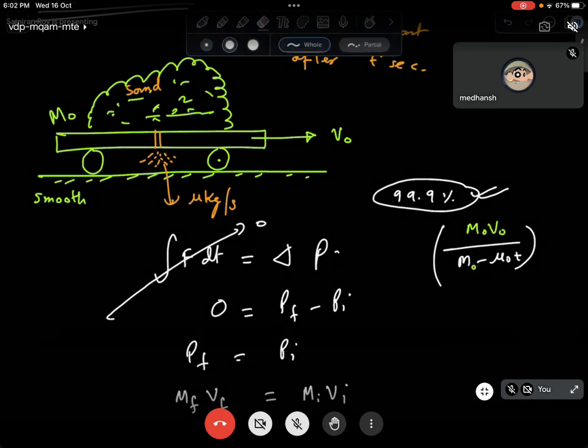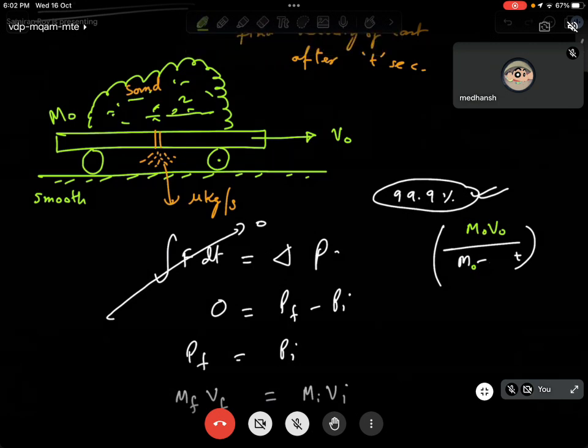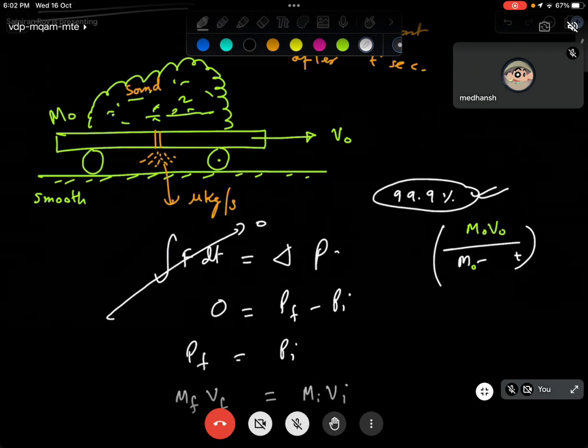As the initial mass you have to take m naught. Initial mass is m naught. So 99% tell m naught v naught by m naught minus mu t. This is the answer of 99% students. Only 0.01% tell the correct answer.